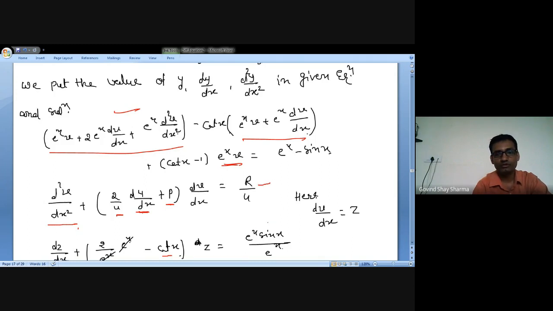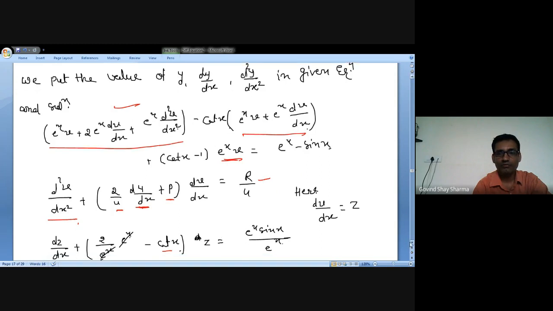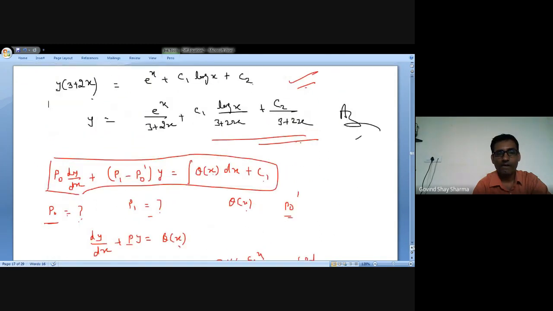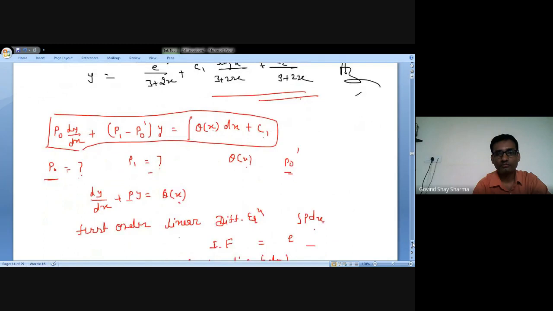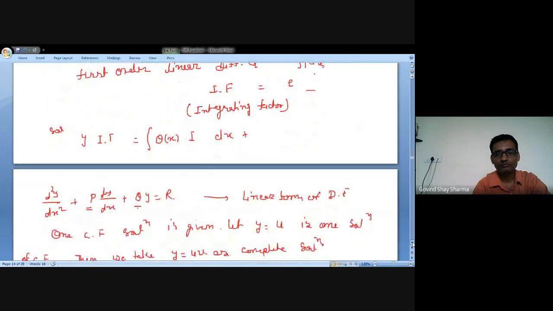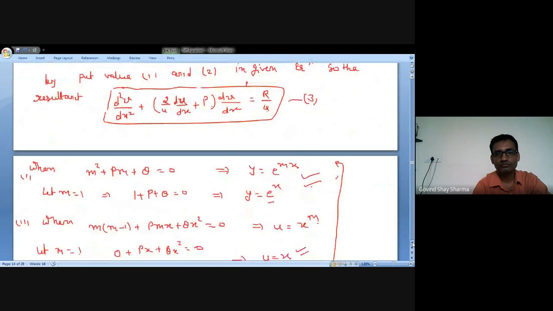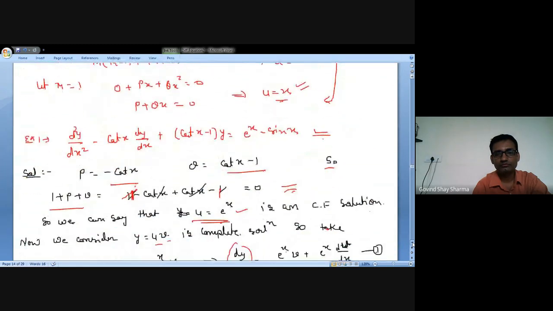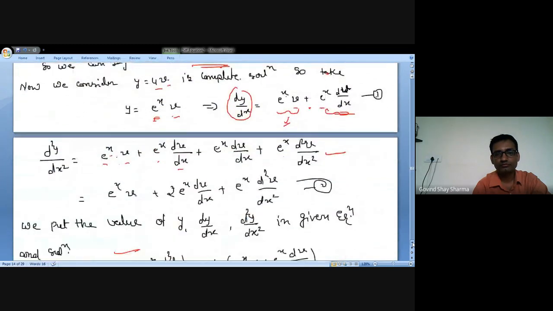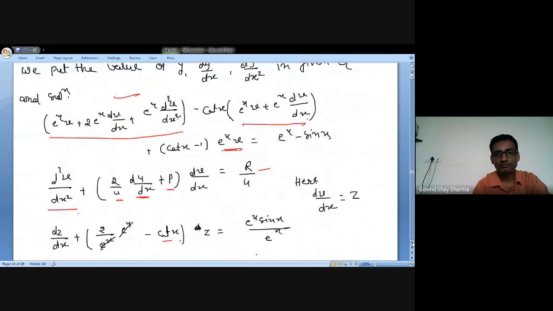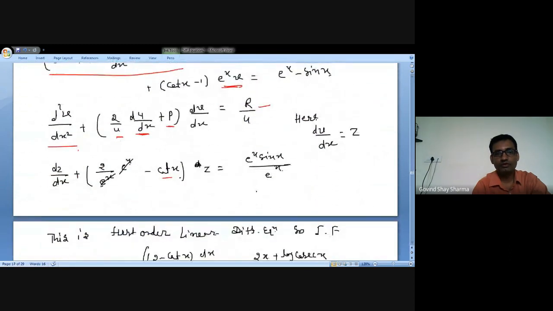This value we put, and now the equation converts into dv upon dx.